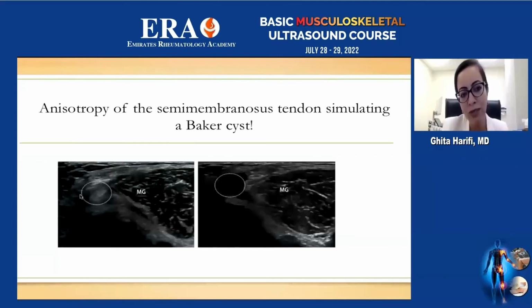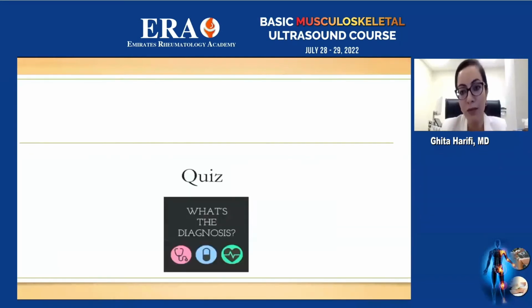Just remember that this tendon is subject to anisotropy, and by changing the position, you might go from this to an anechoic or hypoechoic structure that you might take for a Baker cyst. So it is important to identify the semimembranosus tendon and the gastrocnemius and use the anisotropy artifact to make sure that this is a tendon and not something else. So that's an important pitfall.